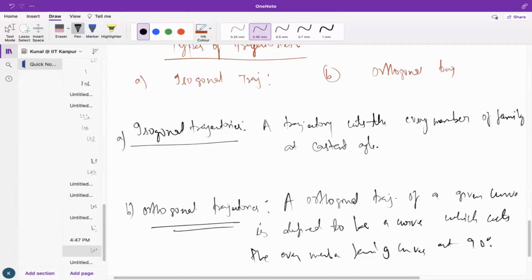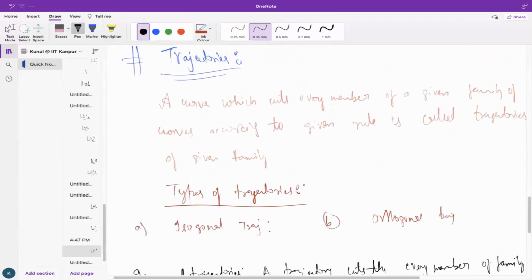So these are the basic definitions of what trajectories are: if any family of curves is given, then there will be another curve that cuts all of those curves. Let me show you an example. Look, suppose that this is our family of curves, and there is a curve which cuts all of the curves at a constant angle.